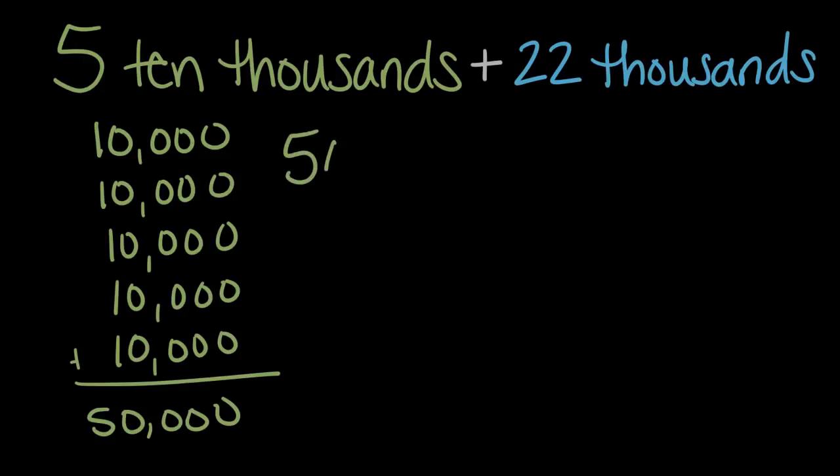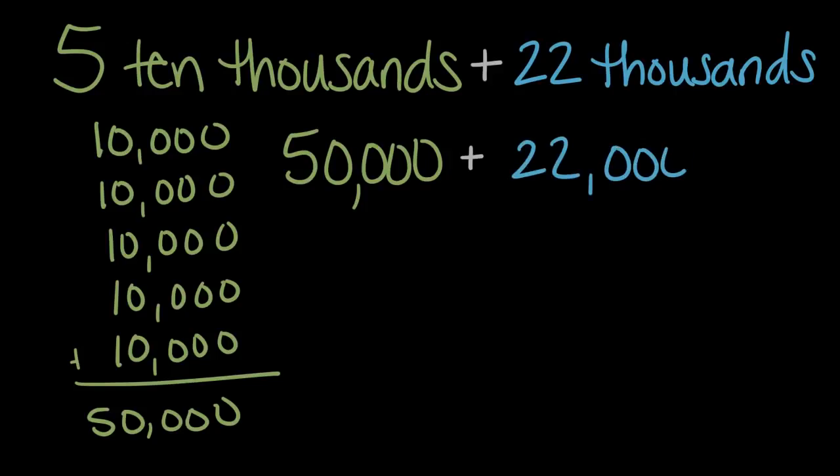Let's write that up here, 50,000. Plus 22 thousands. Remember when we did the 19 thousands, if we wrote 1,000, it would be 1,000. If we wrote 1,000 2 times, it would be 2,000. If we wrote it 22 times, then it would be 22,000.